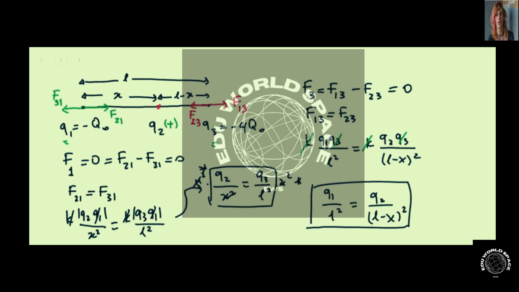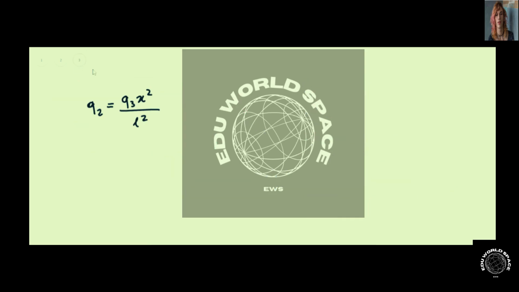Again, I'm going to isolate Q2 from here by multiplying both sides by L minus x squared. So then, again, Q2 is going to be equal to Q1 times L minus x squared over L squared. So look, L squareds are going to cancel each other out. So from here, we have Q3 x squared equals Q1 times L minus x squared, right?